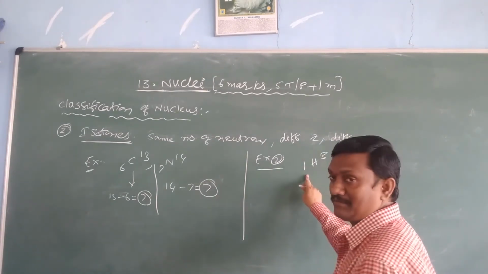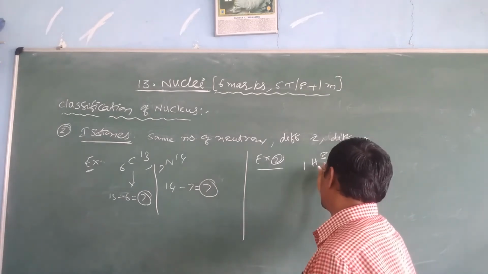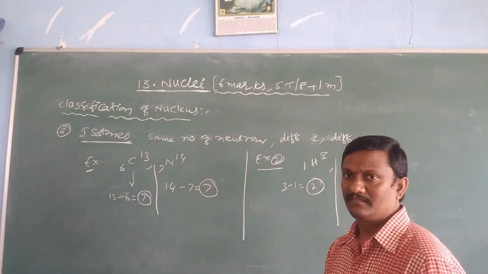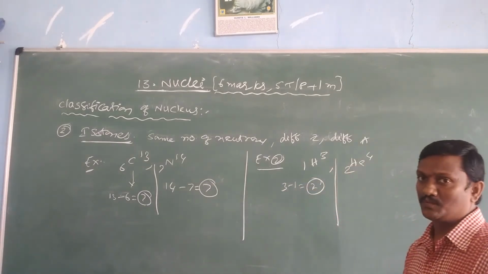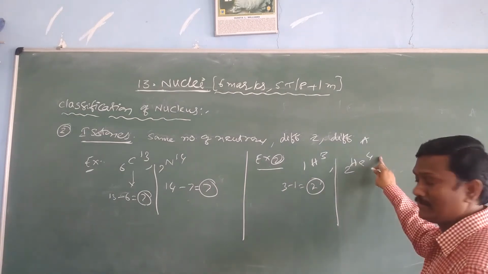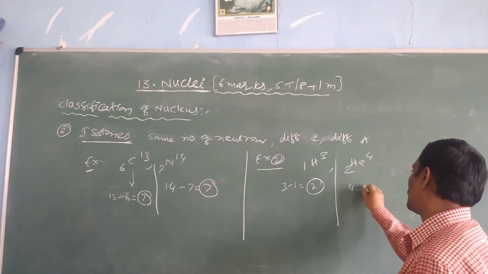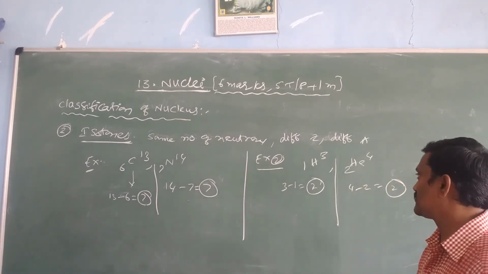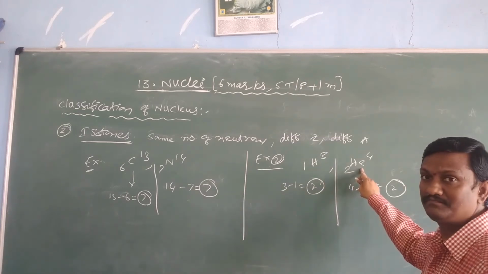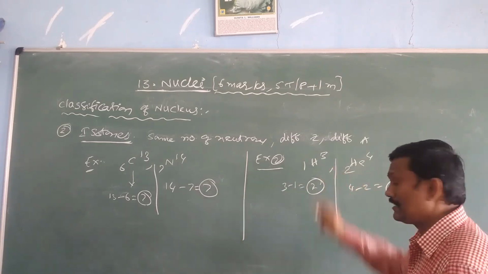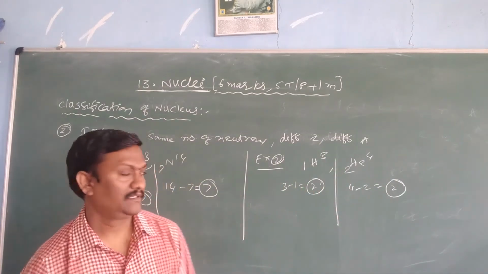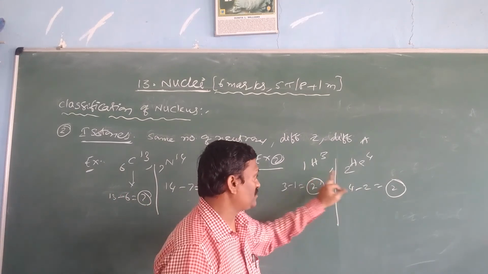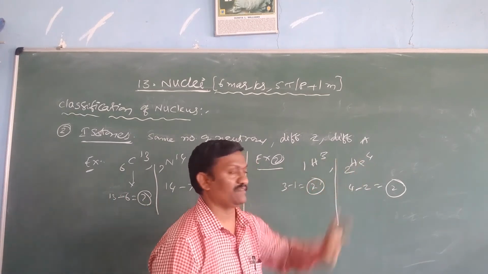In 1H3, the number of neutrons, A minus Z, is 3 minus 1, which is 2. In helium-2,4, the number of neutrons is 4 minus 2, which is 2. So 1H3 and helium-2,4 are both isotones, nuclei having the same number of neutrons but different atomic number and different mass number.